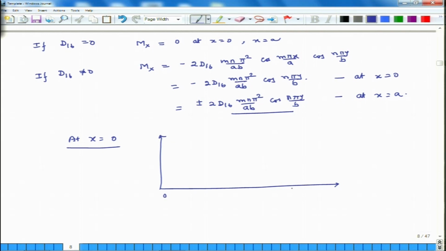So this is 0. Suppose this is x is equal to 0 edge. So suppose I am doing y on this axis, and this is 0 to b.